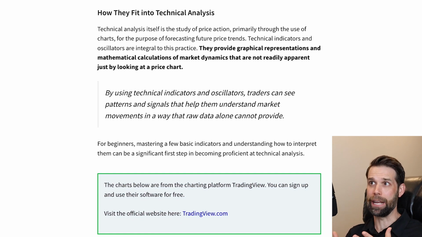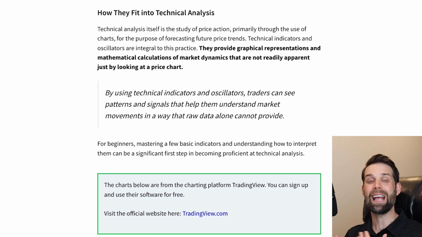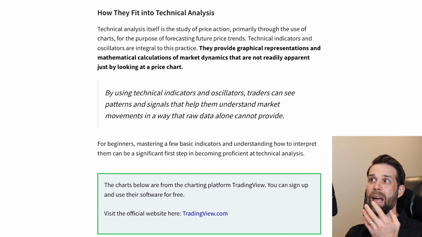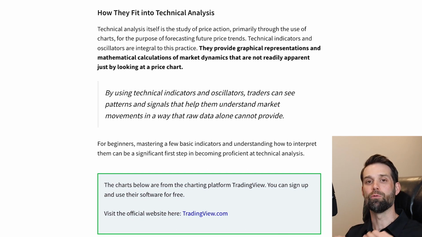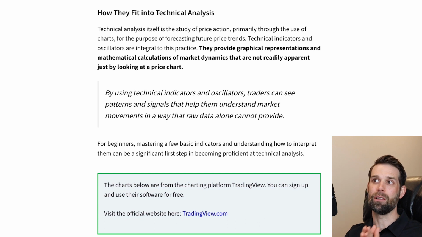So technical indicators will help forecast future price movements by providing graphical representations and mathematical calculations of market dynamics that aren't readily apparent by just looking at the price chart.